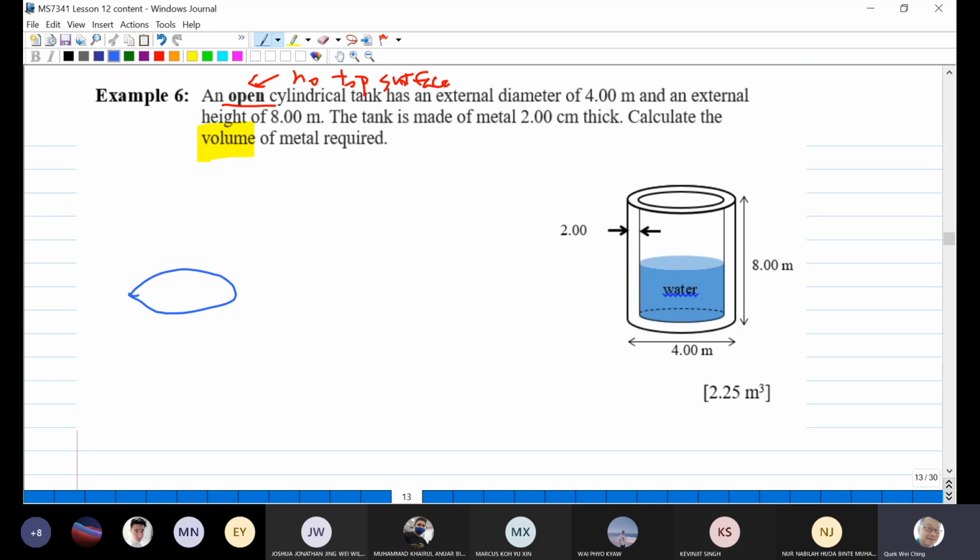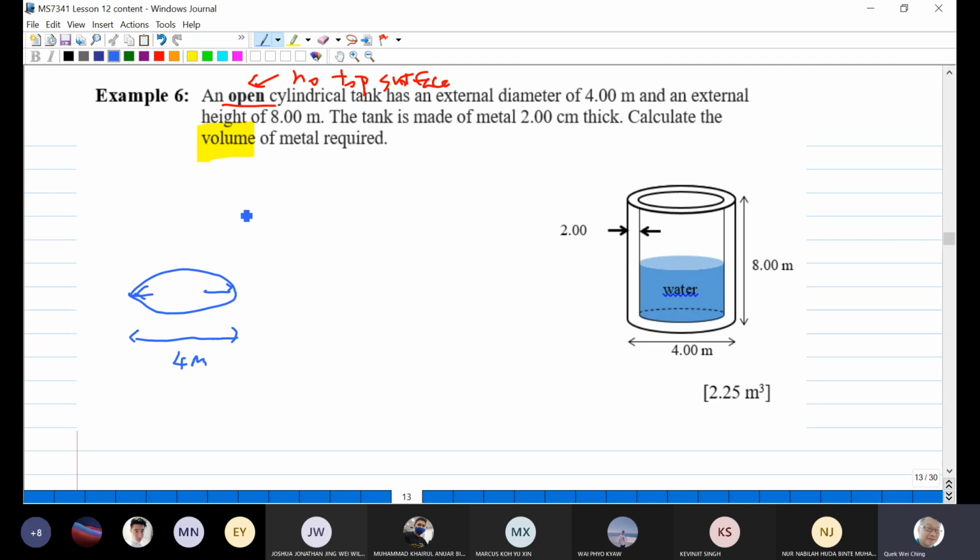Diameter is 8 here. Okay, sorry. The diameter is 4 here, sorry. So diameter is 4 here. So this is 4. Okay, 4 meter.